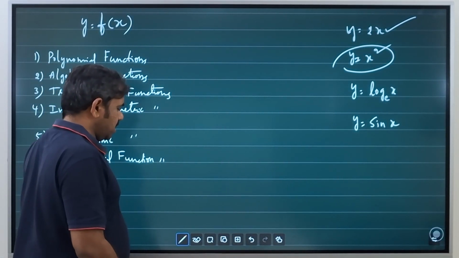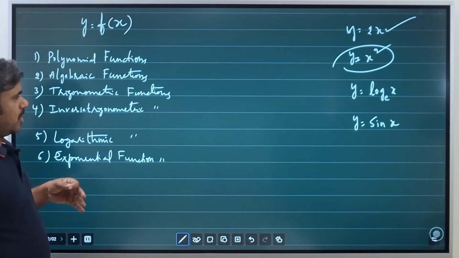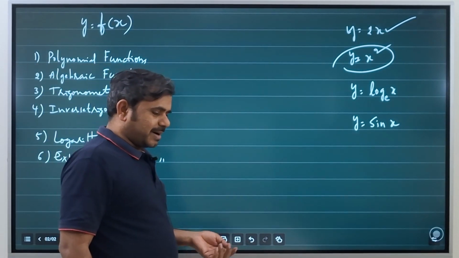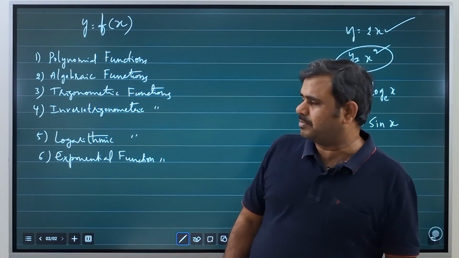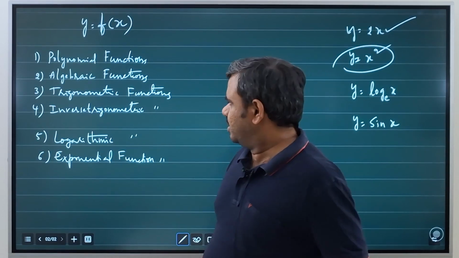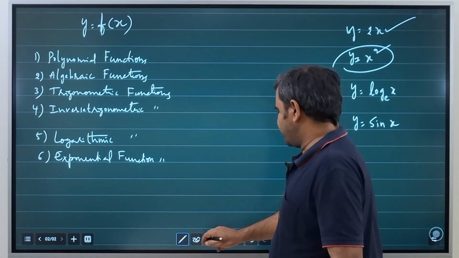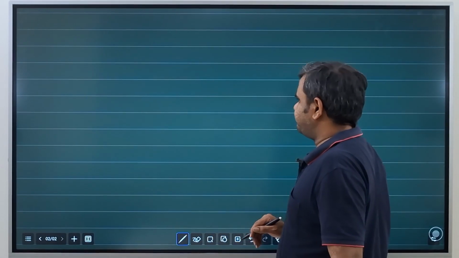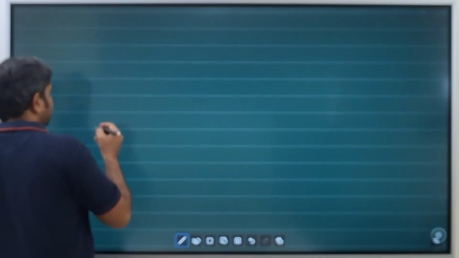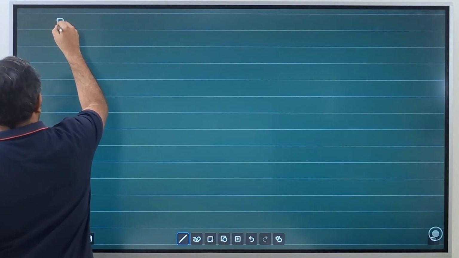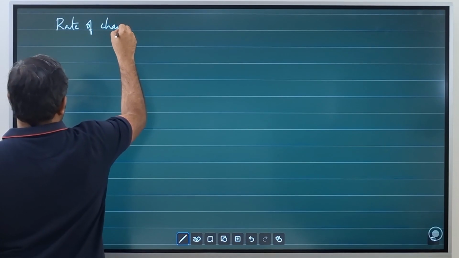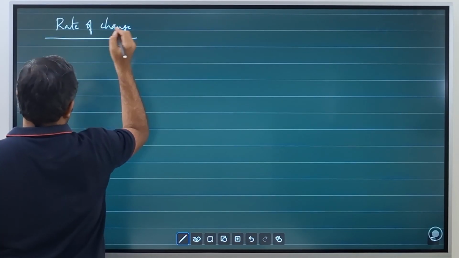Well, here, let us take a function and understand what rate of change means. We said differential calculus is all about rate of change. So let's try to understand what rate of change here means. Differential calculus is all about rate of change.